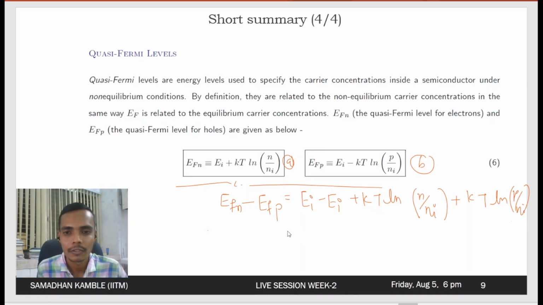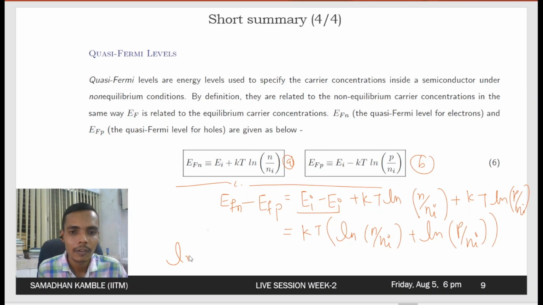If we simplify it further, this cancels. kT we can take as a constant outside the bracket, and so we have ln of n over ni plus ln of p over ni. We know that ln of x plus ln of y is equal to ln of xy.